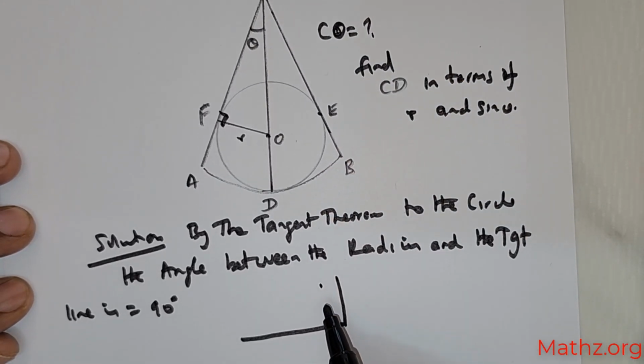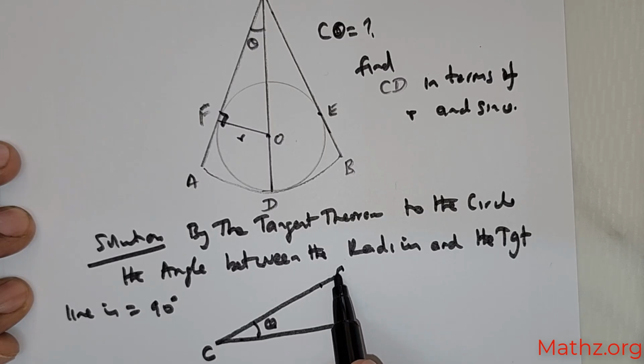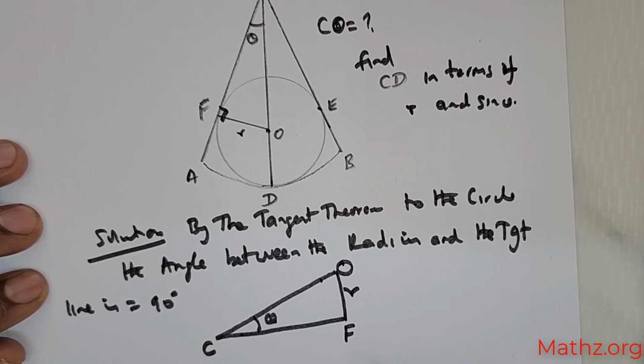So I am actually drawing that. So this angle is theta. This point is C, and this point is F, this point is O. So CO is required. And I know this is to be R. This is given as R.